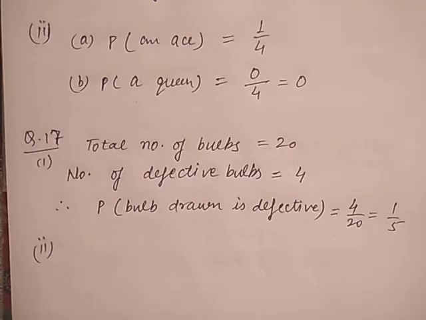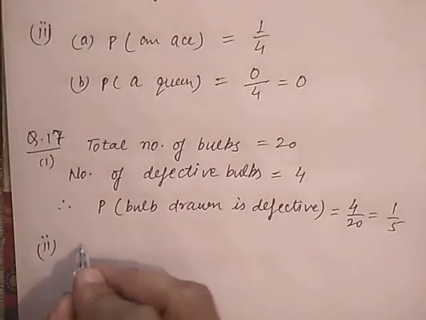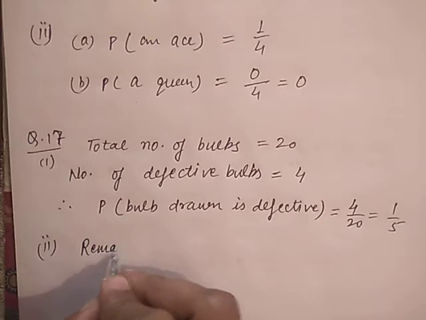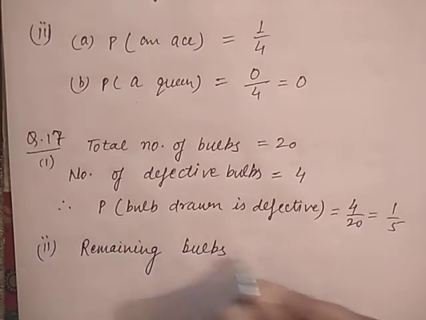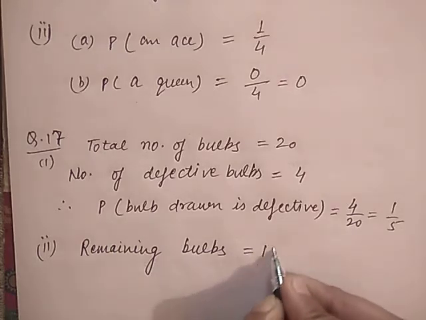And the second part is here. The bulb drawn in the first case is not defective and not replaced, then we have to draw one bulb again. Remaining bulbs are how many? 19.